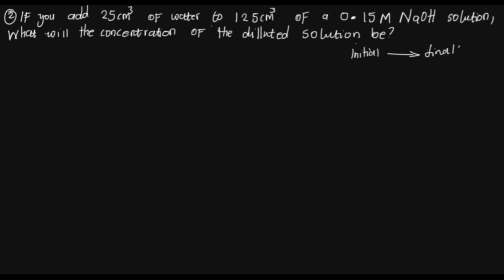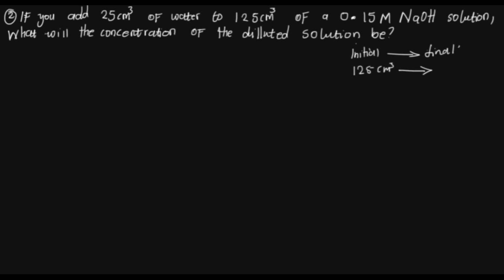So the volume of this solution before dilution is 125 because we are looking at if you add. So before this 25 cubic centimeters was added, the volume was 125 cubic centimeters.